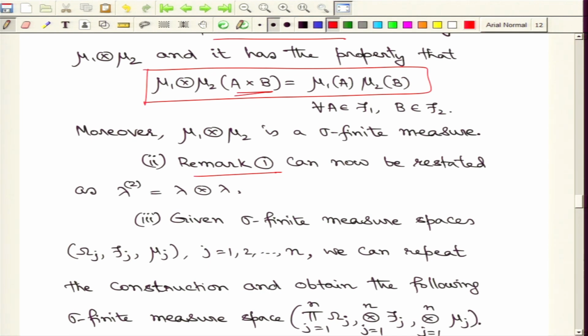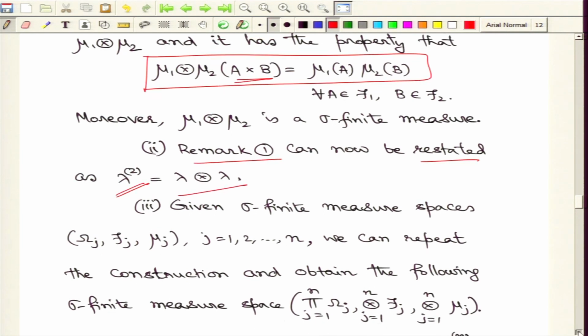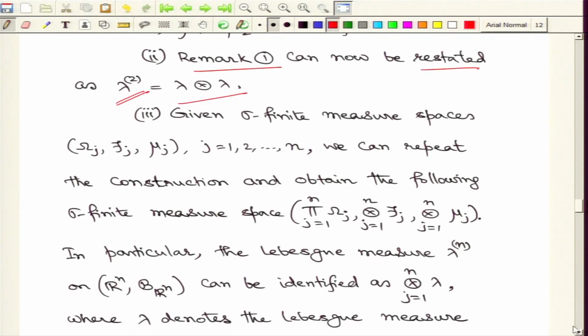This earlier identification of the Lebesgue measure in 2 dimensions can now be restated using the notation that we have just introduced. The 2 dimensional Lebesgue measure is exactly the product measure of the Lebesgue measure in 1 dimension with itself. With this construction, we can repeat it finitely many more times.